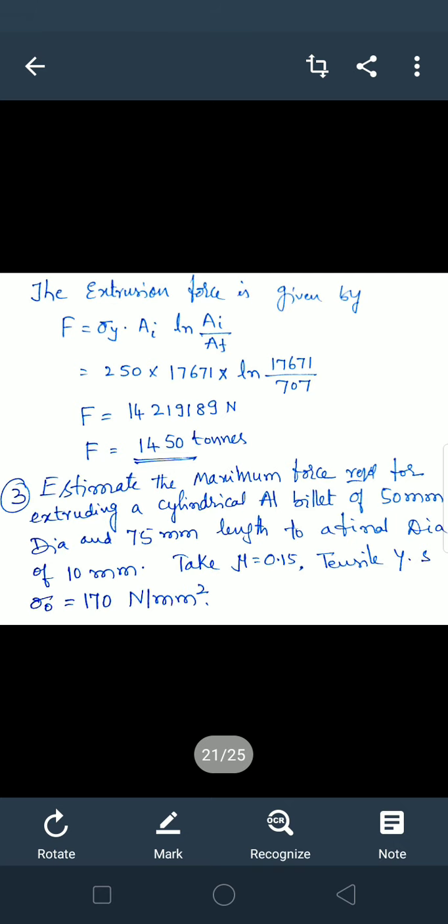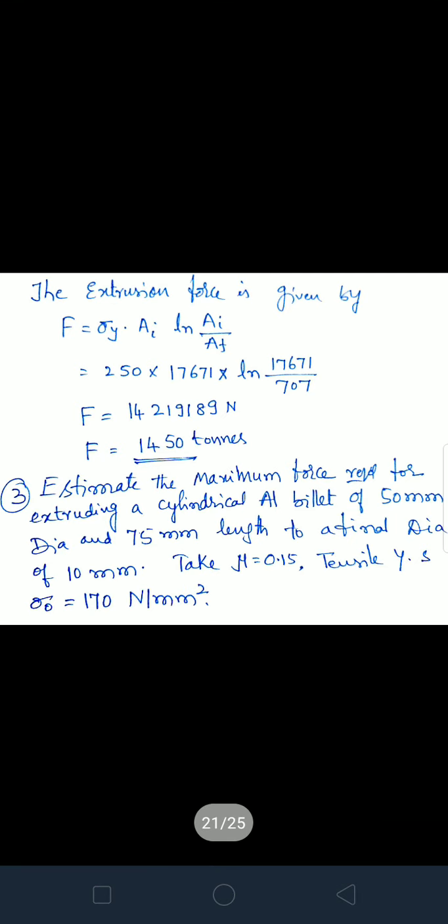By simplifying, you will get an extrusion force of about 14,219,189 Newton. In terms of tons, 1,450 tons is required. So large working forces are required to extrude the metal through the die.